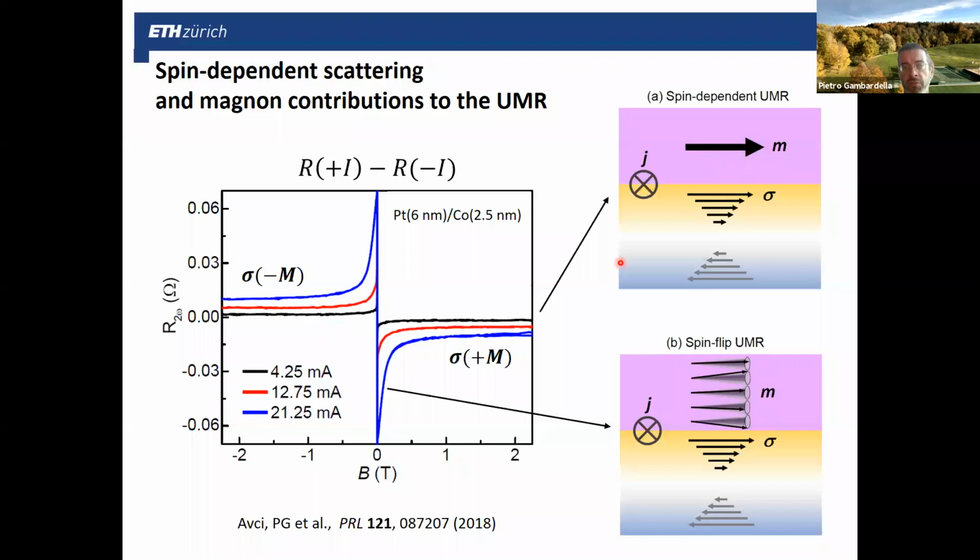This is what we call the spin-dependent scattering magnetoresistance. That depends only on the orientation of the magnetization and not on applied magnetic field. And another effect is visible at low magnetic field. This is due to the presence of magnons that are easier to excite when the system is not magnetically saturated. So all of these effects can actually be seen.